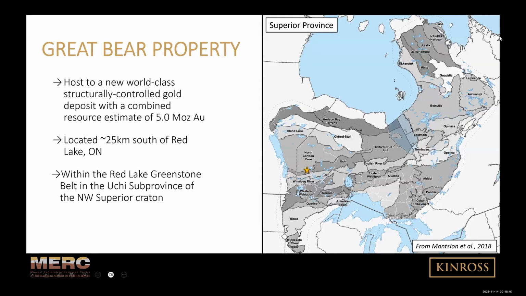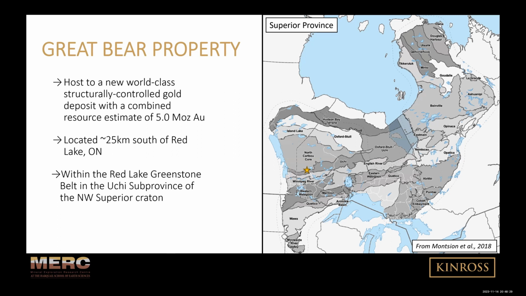So the Great Bear property is within the Uchi subprovince along the margin with the North Caribou terrane. The Great Bear property is a brand new world-class structurally controlled gold deposit with a 5 million ounce resource estimate that was put out just last year.